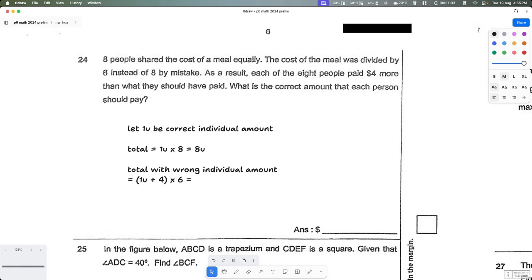So that means this is 6 units plus 24. Okay, total with wrong individual amount. So in that case, 8 units is equal to 6 units plus 24.